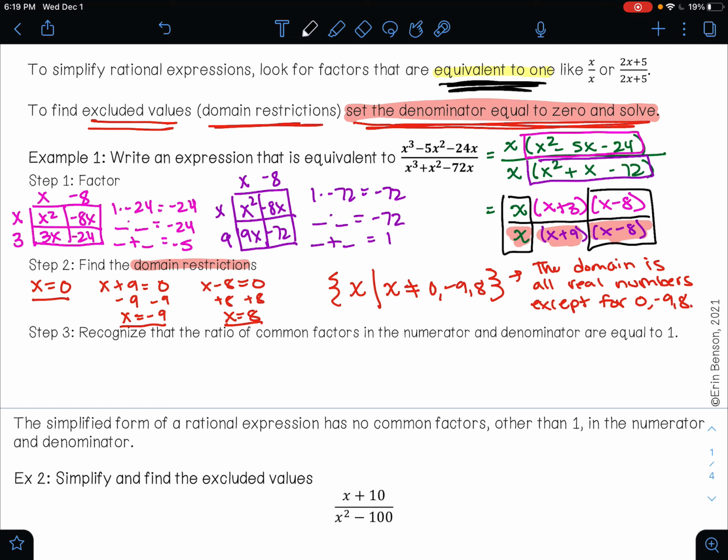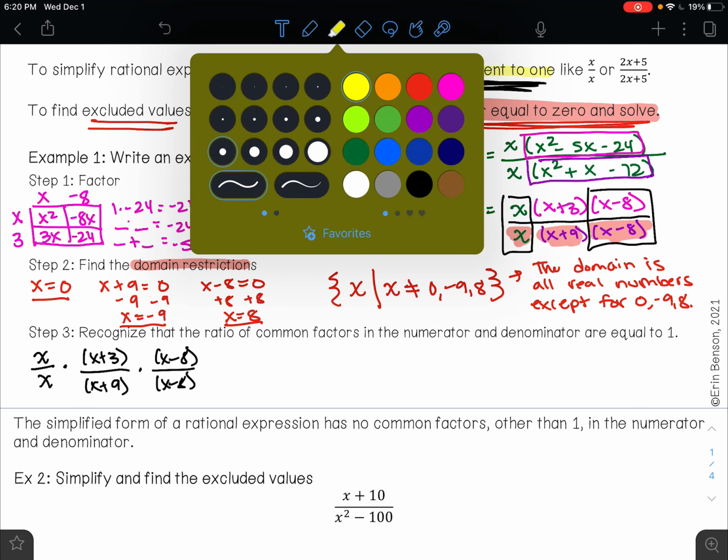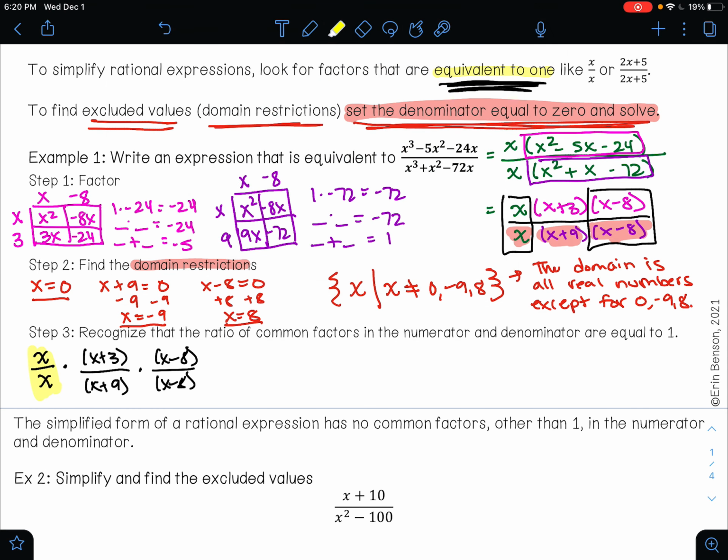So because I'm multiplying all of these factors together, I can really separate these up into 3 fractions. I could say that I have x over x times x plus 3 over x plus 9 times x minus 8 over x minus 8. This factor right here of x over x is 1.